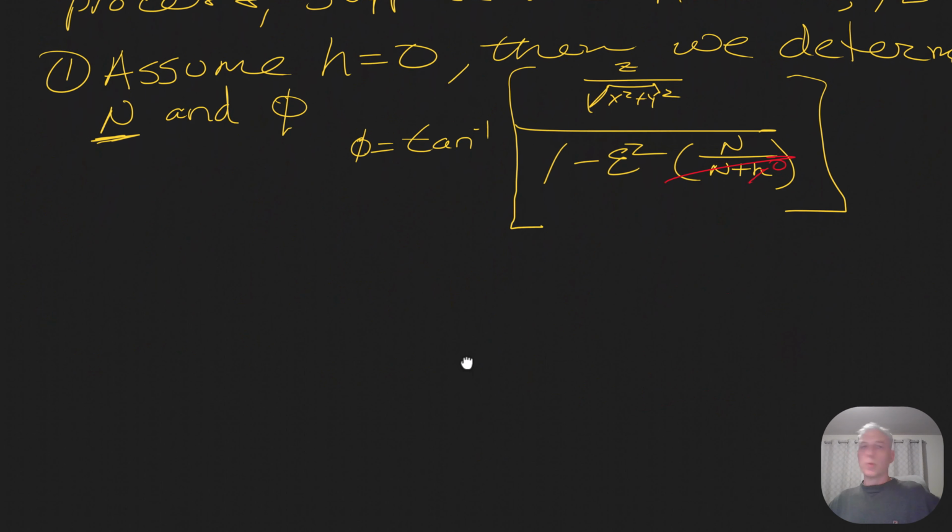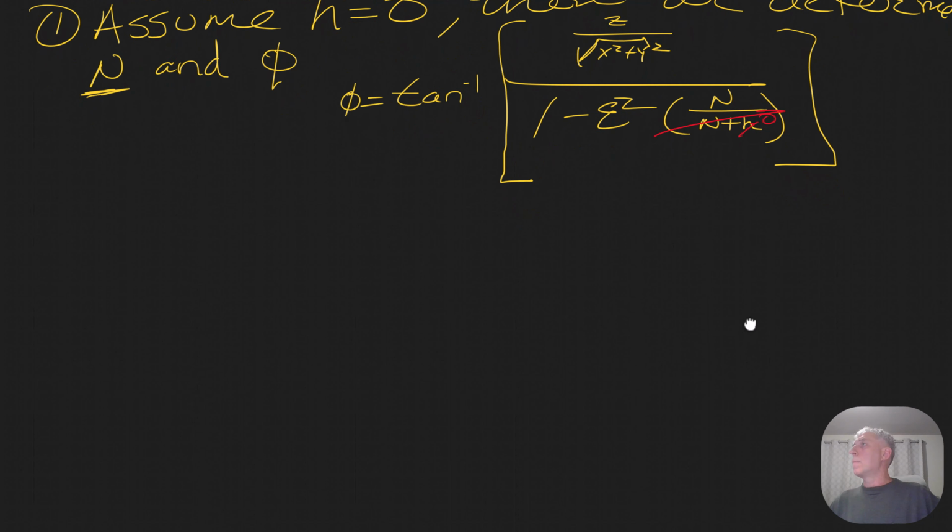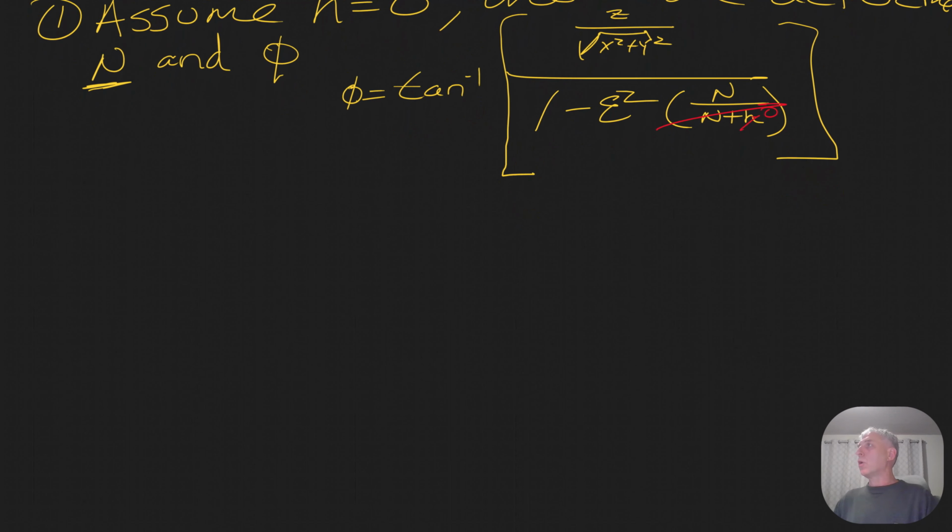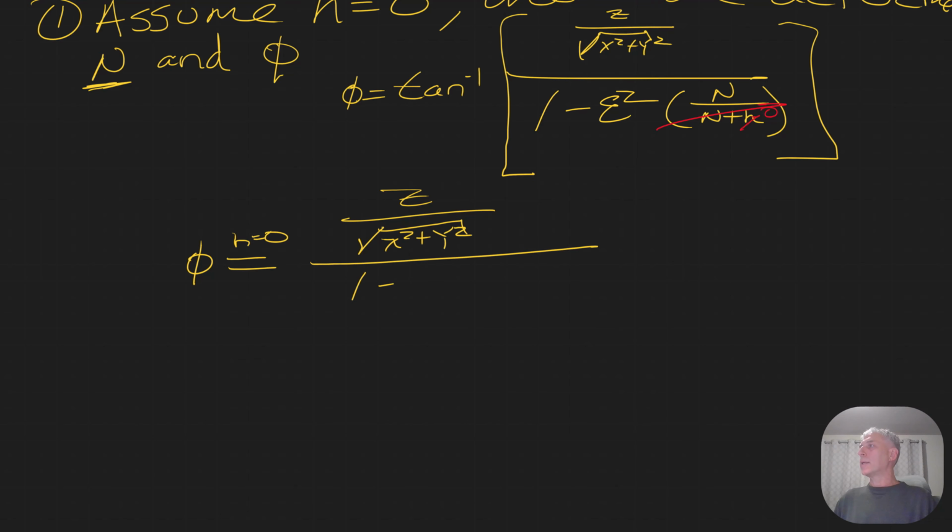So let me get some more room here. And so if we assume h equals 0, we're left with phi equals, with h equals 0, that's our assumption, z over x squared plus y squared over 1 minus epsilon squared. And the eccentricity just comes from our definition of whatever ellipsoid we're using.